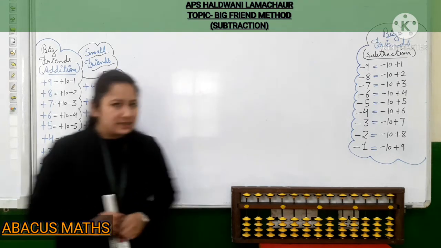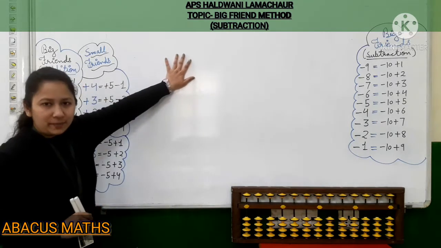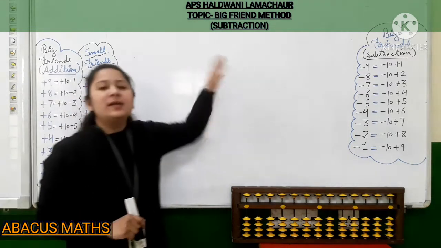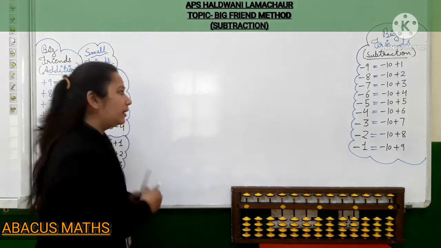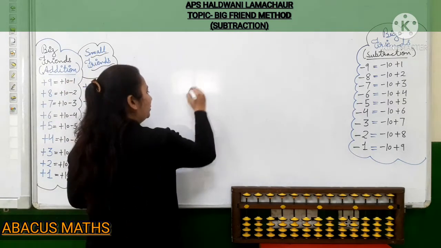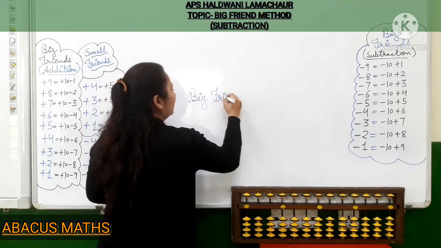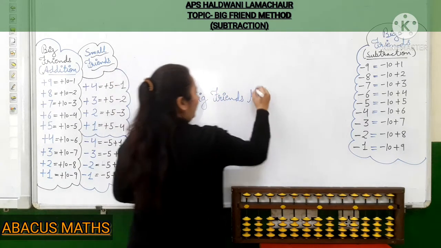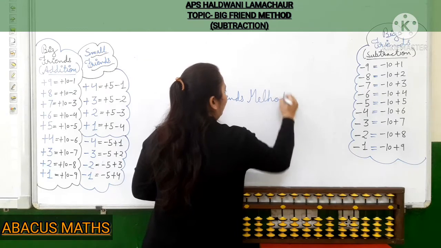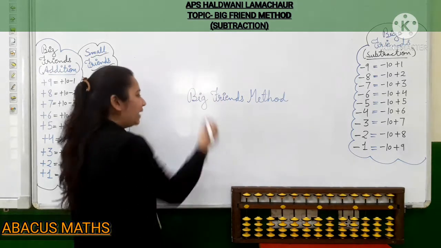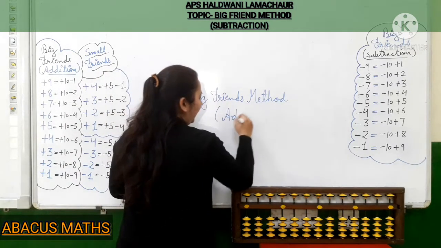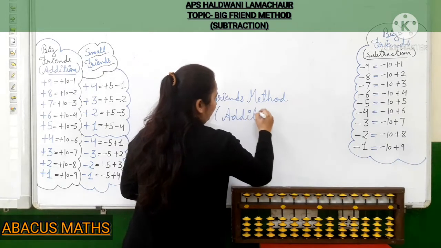Now kids, as you can see, our today's topic is big friends method subtraction. In our previous videos we have discussed the big friends method, in which we discussed the addition formulas.